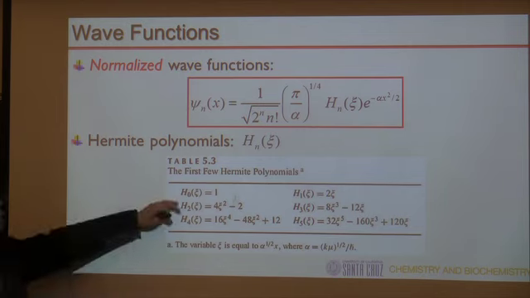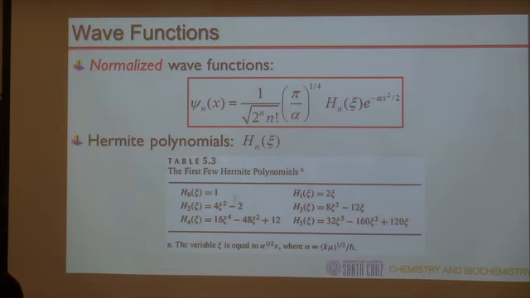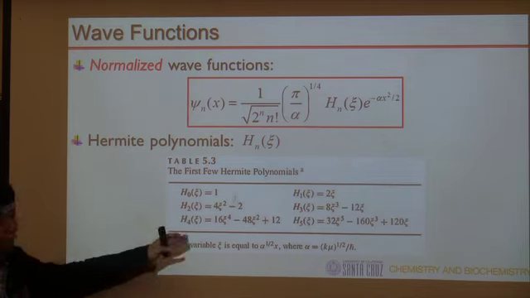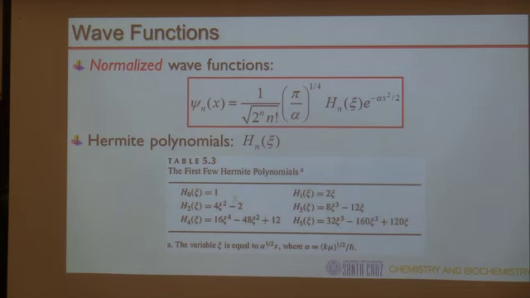If you check your textbook, table 5.3 gives you several polynomials. Those things you don't need to memorize, nor the relationships between them. If we ask you questions regarding these polynomials, we will definitely give you the expression.